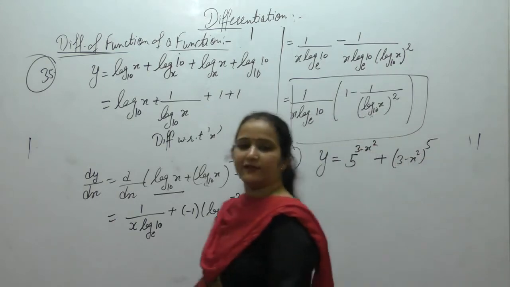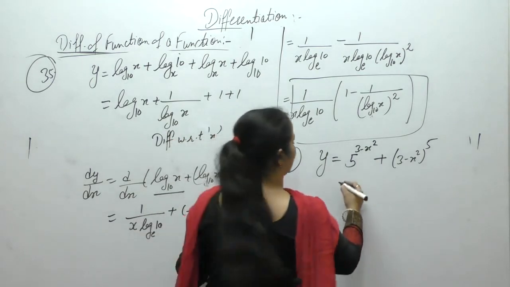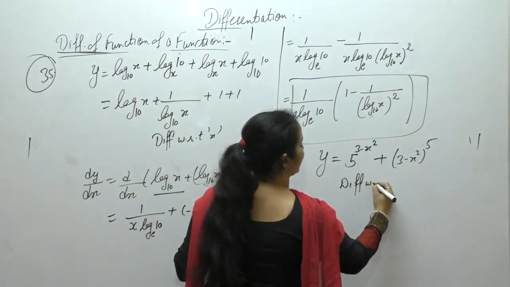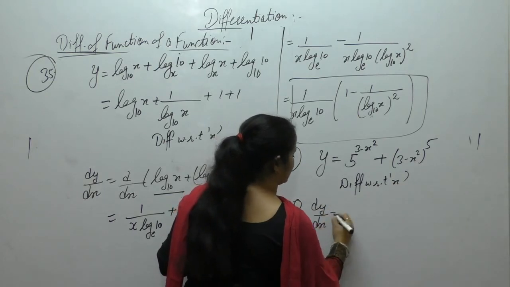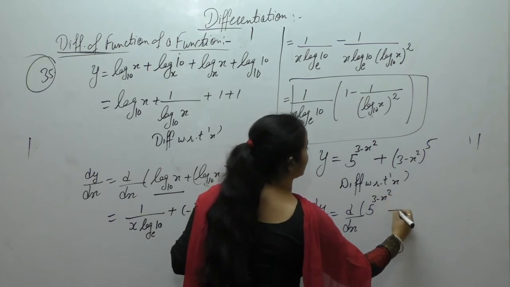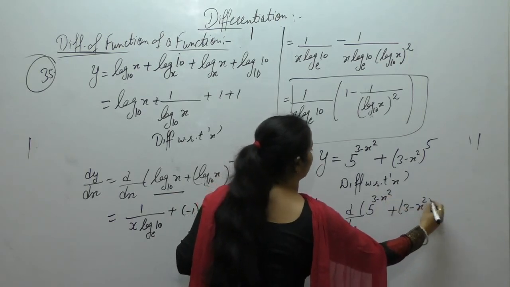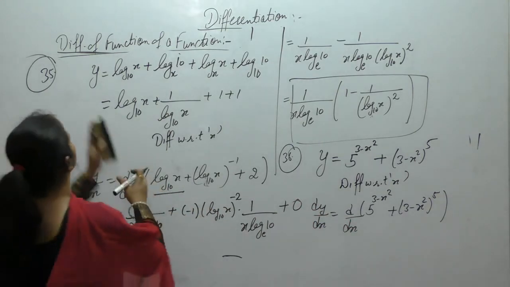Now what is the derivative of a power x? a power x log a. Differentiate with respect to x. dy upon dx is equal to the derivative of 5 power 3 minus x square. These terms are in addition, so we will have to take the separate derivatives of these terms.